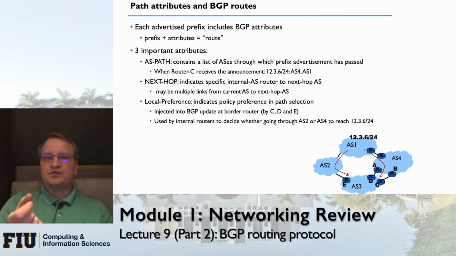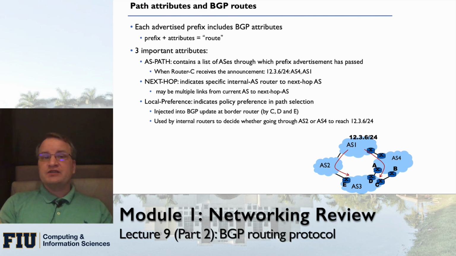Just to highlight, for the announcements that are created, there is a concept of path attributes. When I make an announcement, there's literally this AS path. It defines the networks, how many different hops or different AS networks this packet is supposed to travel. Not necessarily that it's going to happen, but at least as part of the advertisement.